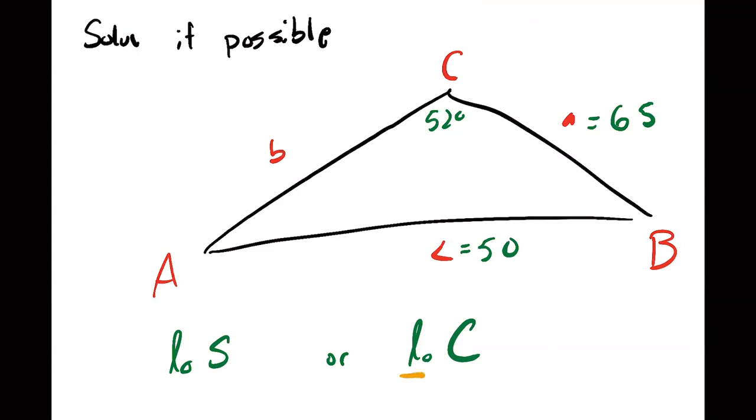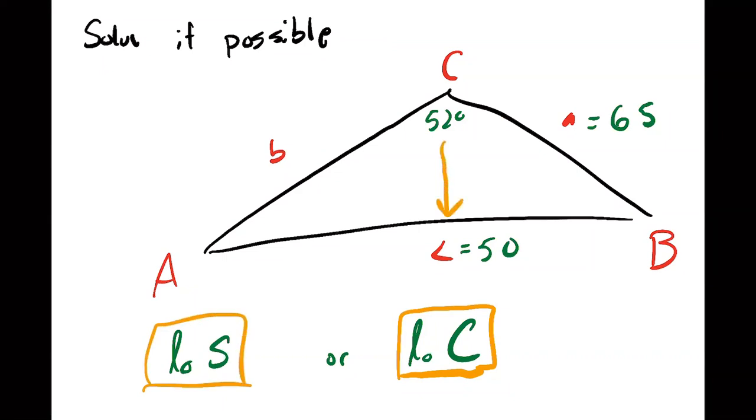In this case, we're still going to use law of cosine here. Or I guess we can use law of sine. So we have this 52 degrees here, and we have this 50 here, so we can apply law of sine.